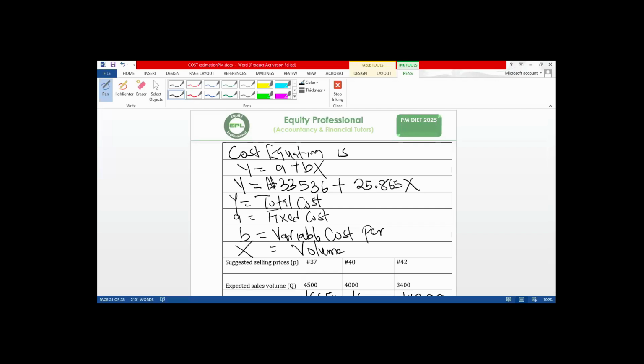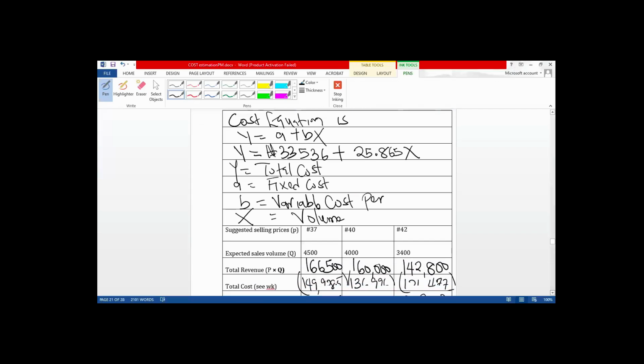That means if we produce 4,500 units in the coming year, our total cost will be 149,928.5.